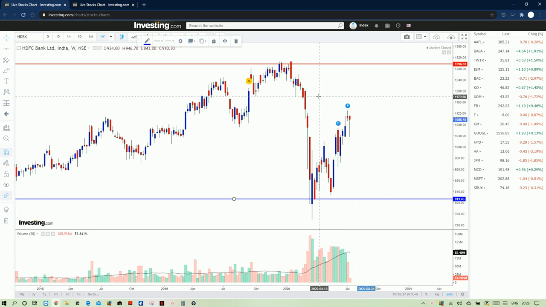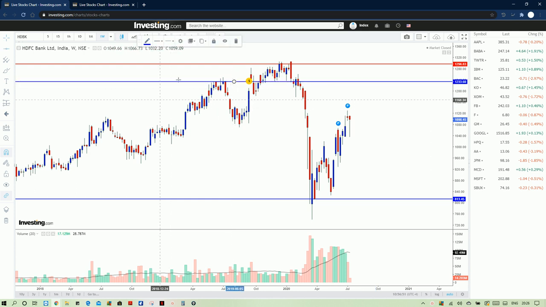So next thing is we need to move on to the next higher high. The next higher high is somewhere here. The weekly closing is here. So we will change that color to red and we will put it somewhere like this.